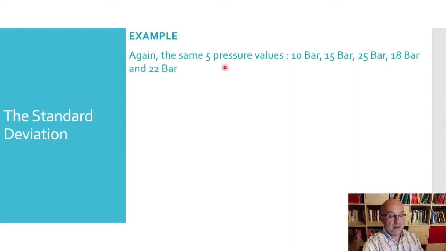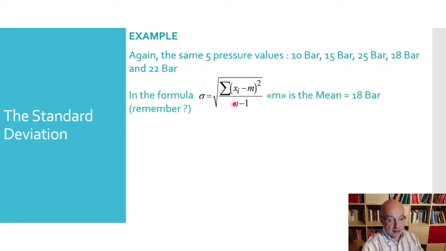Again, the same 5 pressure values used for the mean. You can see the numbers here, 5 terms. This is the formula represented again, where m is the mean. So we have to replace this letter with the term 18.